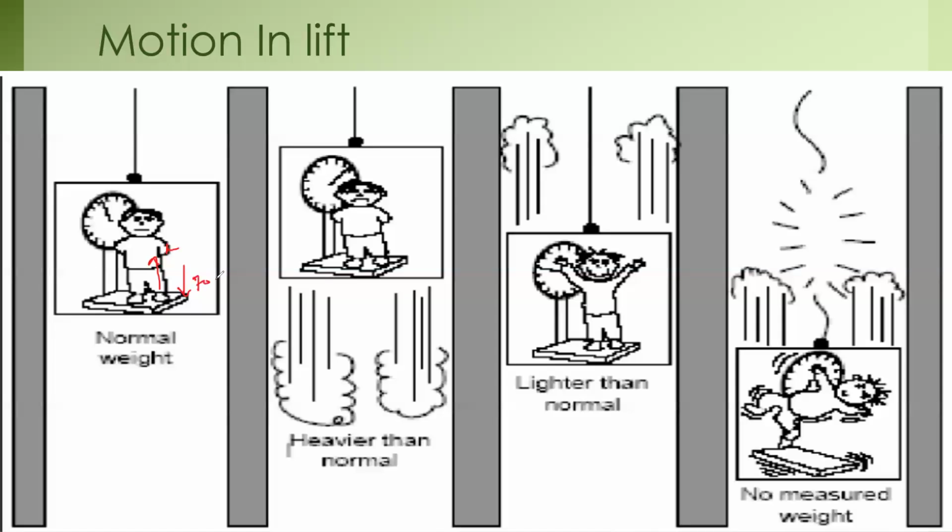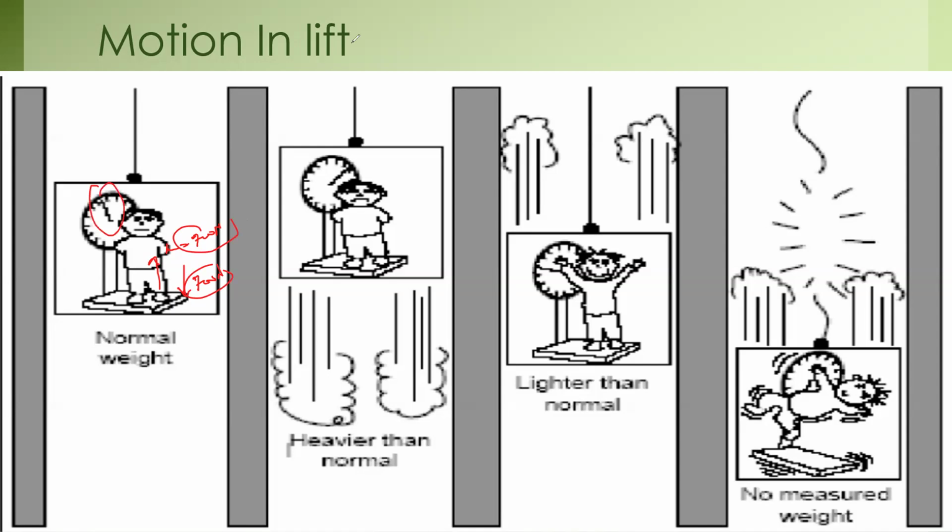If the weight is 700 Newton, the normal contact force will also be 700 Newton. So the normal contact force and the weight are equal in this case, and the reading on the balance will be 700.